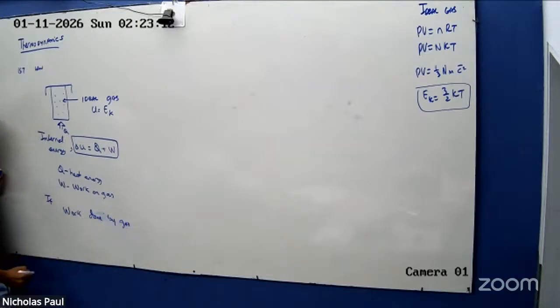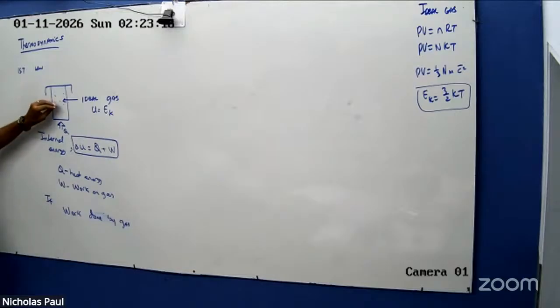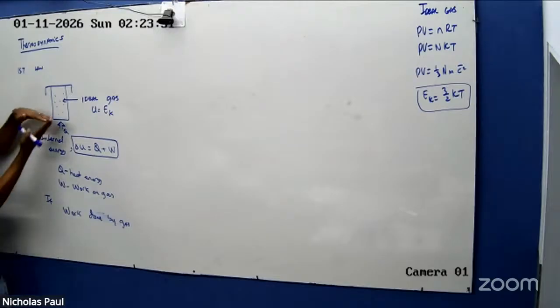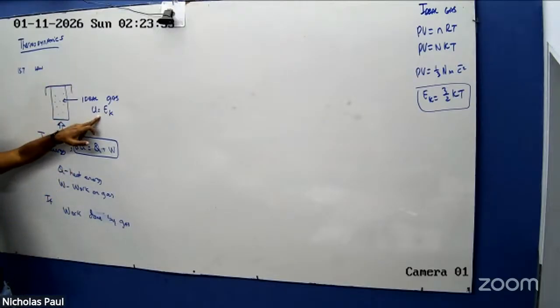Suppose the gas is doing work instead of you doing work on the gas. What would happen? It would expand. Would the internal energy go up or down? Down. If the gas expands, then the internal energy becomes smaller.